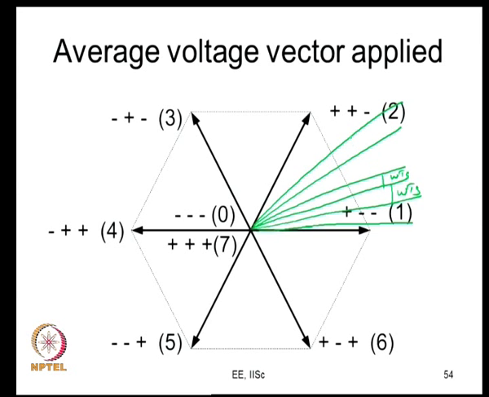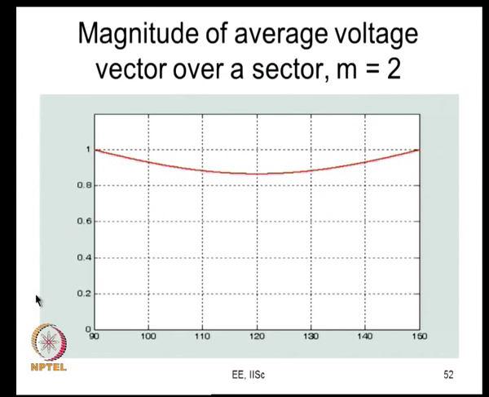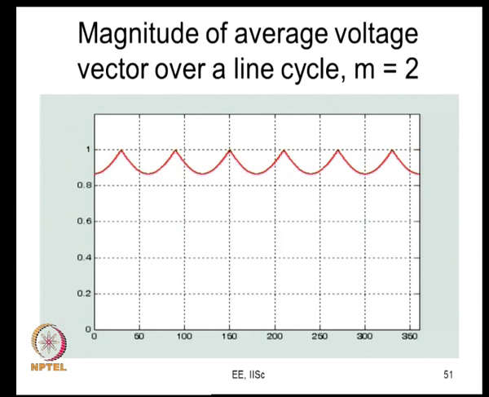So, they are still the same spacing, it is moving at the same rate, but what is the length of these reference vectors? Obviously, you cannot be producing reference vectors longer than that. You can very clearly see what is the magnitude. This is 1, this is 1 and it goes on like this. So, the magnitude of the average voltage vector is really changing like that.